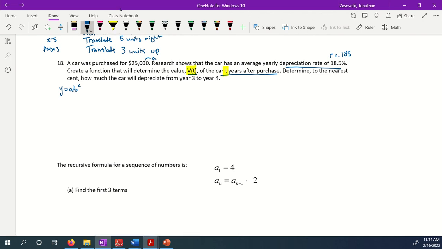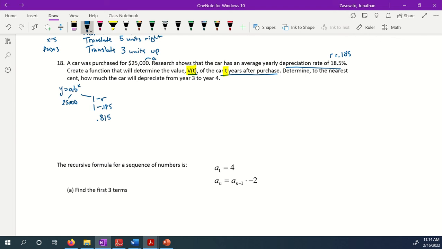Okay, so we know the a is 25,000. The b part is actually going to be 1 minus the rate, and the rate, because we're depreciating, is 0.185. So if we take that away, we get a b value of 0.815. 0.815 is 18.5% away from 100.